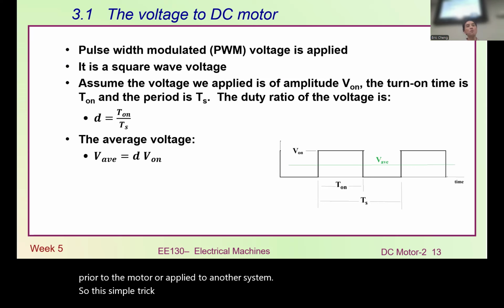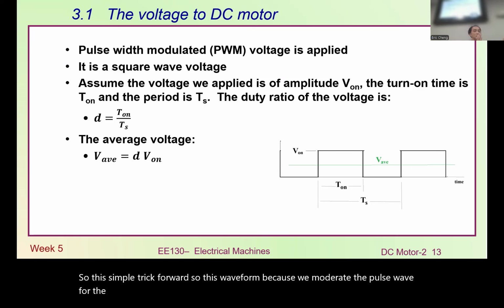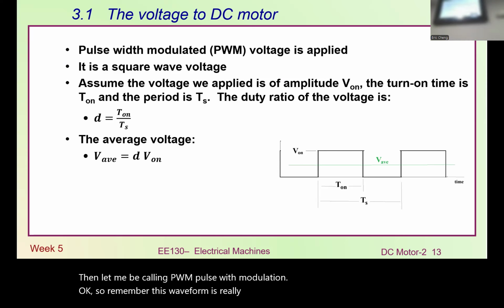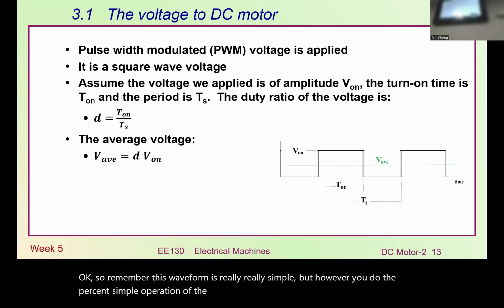Because we modulate the pulse width of the waveform, we call it PWM, pulse width modulation. Remember, this waveform is really simple, but it does represent a simple operation of the system. The equation is the average voltage equals D multiplied by V1.